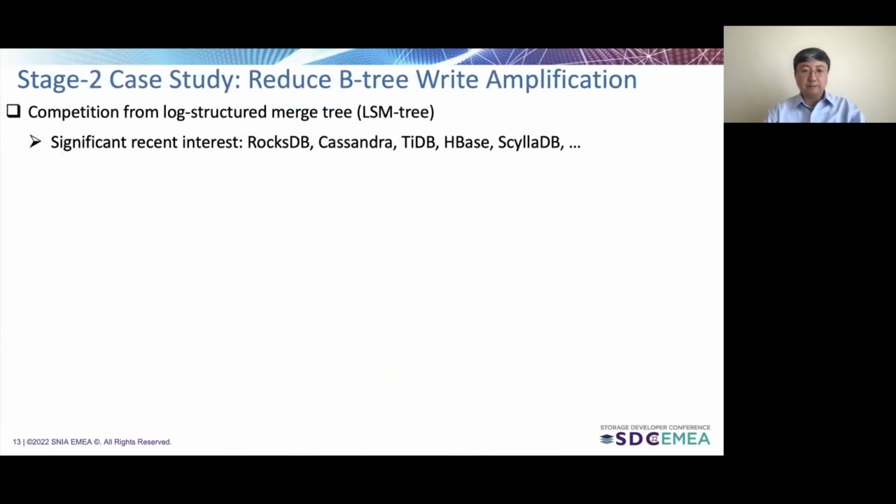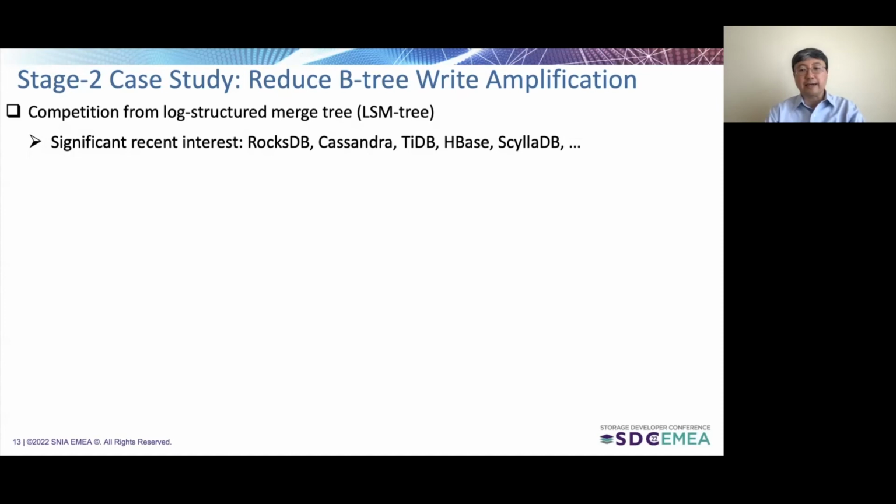So the example here is about reducing the B tree write amplification, or making the B tree even better.